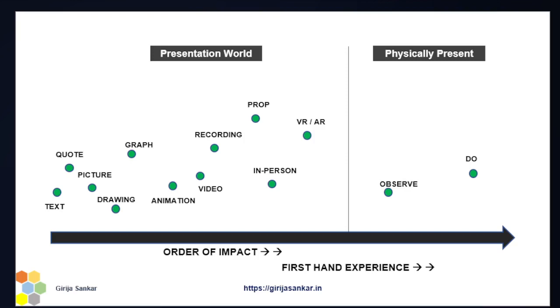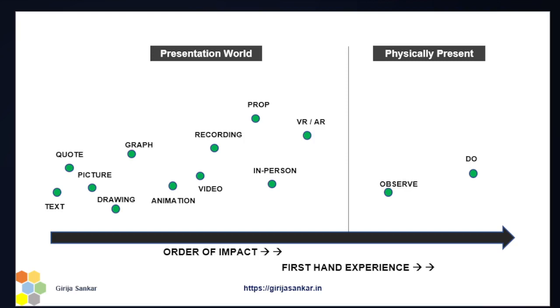So that is the least impact way of communicating things to your audience. And the next aspect is quotation. Referring to some popular quotation, the way I mentioned, a picture is worth a thousand words, because that itself is a quote. It has a slightly higher impact, still not much.